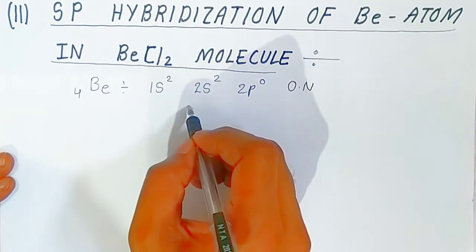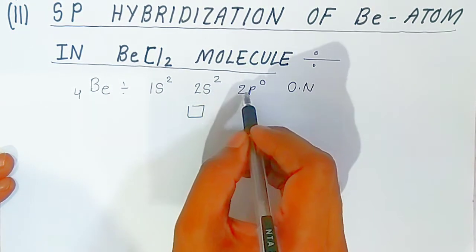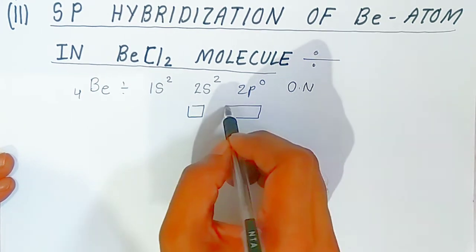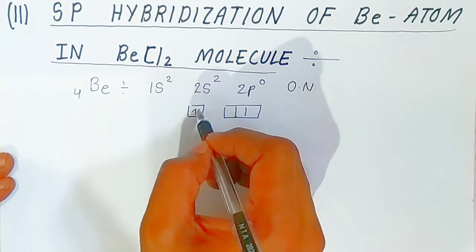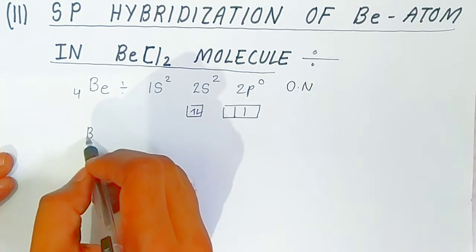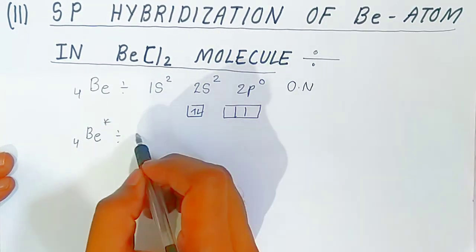When you write down the orbital diagram, because these two orbitals have very close energy levels, I am drawing only their orbital diagram. So for 2s2 you have to put the electrons, and here there are no electrons. So what happens? Beryllium will go to the excited electronic configuration.